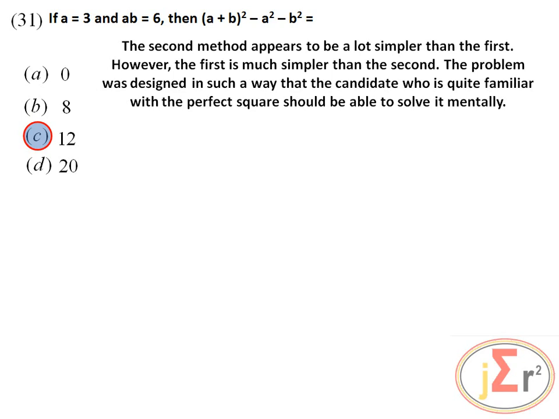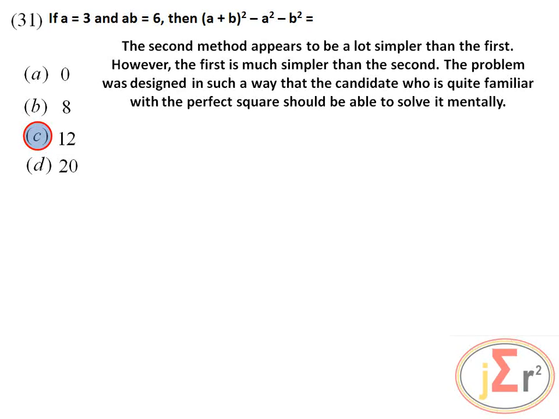Now we see that if we go straight ahead and expand the perfect square, that process might consume a lot more time than if we substitute a is equal to 3 and, after determining that b is equal to 2, substitute them into the expression. That seems as if it would actually take a very much shorter time in the examination.